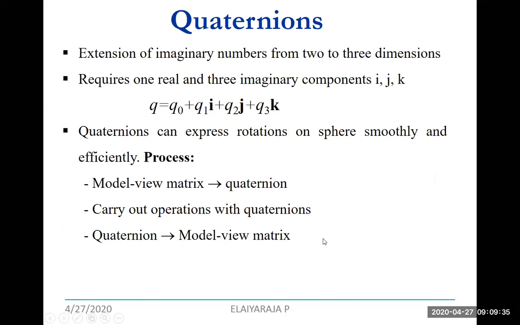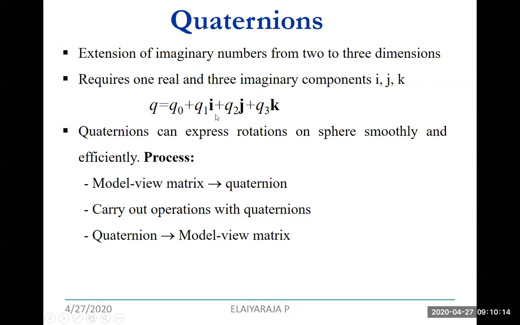And basically, quaternions are an extension of complex numbers from 2 or 3 dimensions, where we use complex numbers in both 2 dimensions and 3 dimensions. As you know, a quaternion requires one real and 3 imaginary components i, j, k, where you write one real number plus imaginary numbers i, j and k.